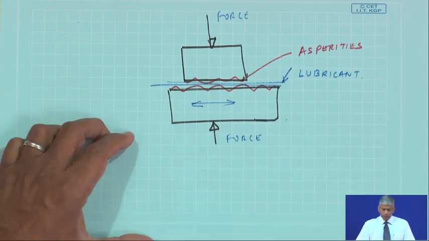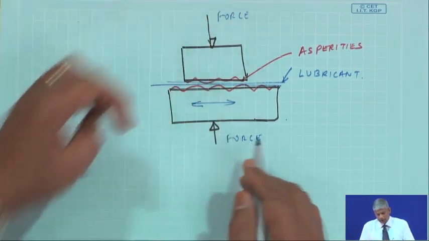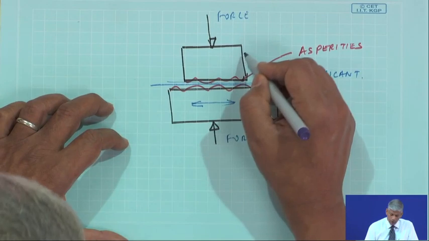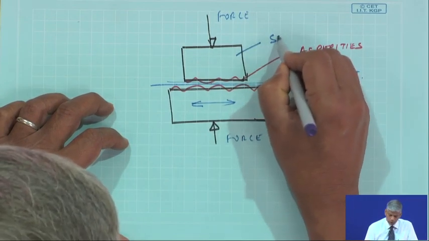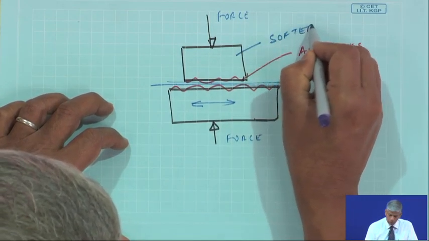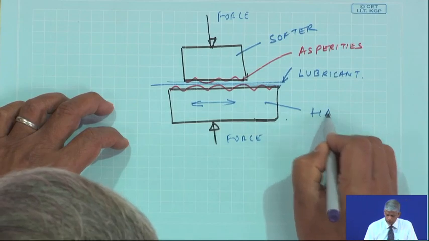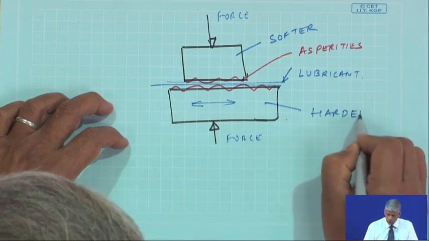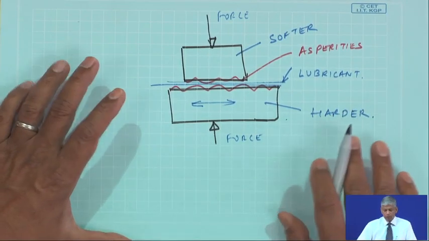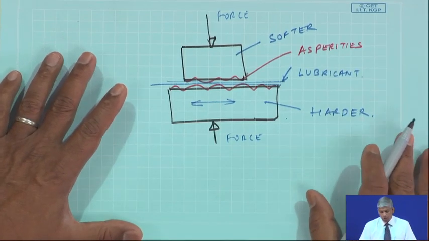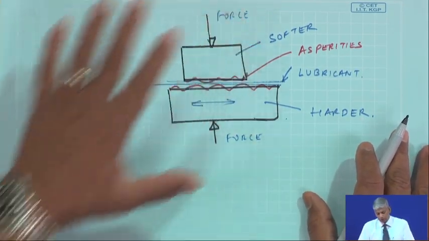So, this mechanism of sliding under the application of pressure, maybe another thing is one is softer material, one is harder. So, while you design a machine, you will come across such scenarios.